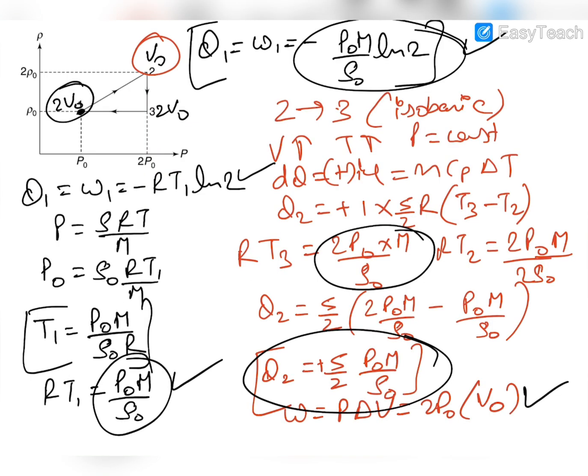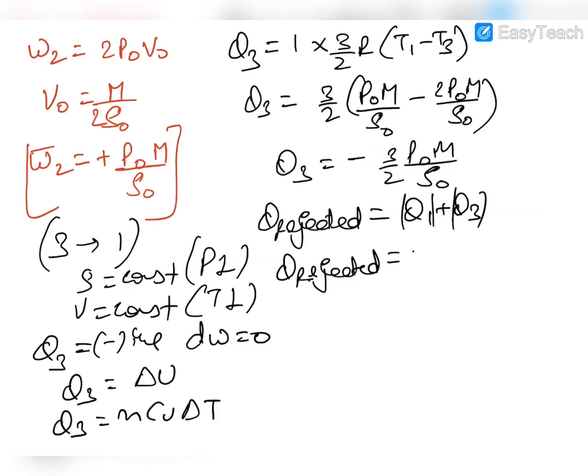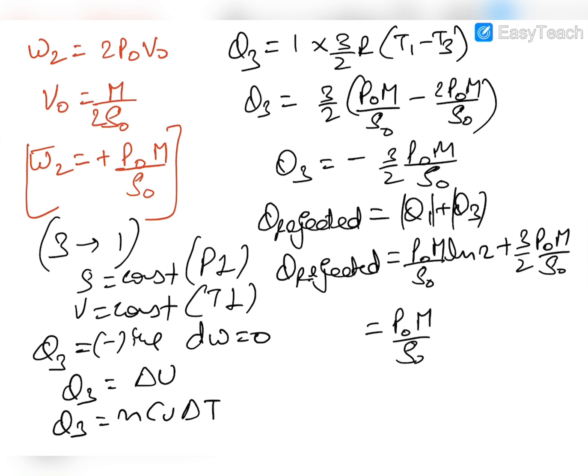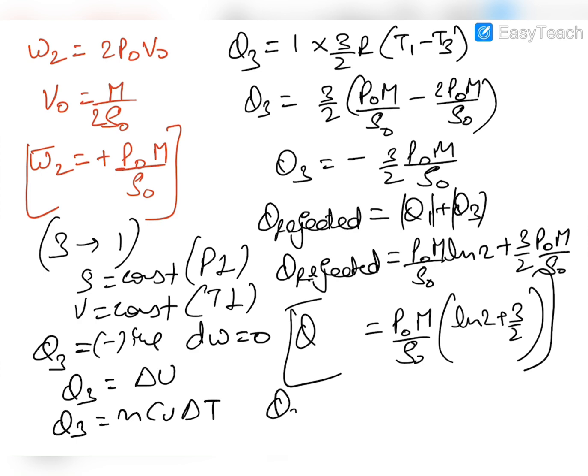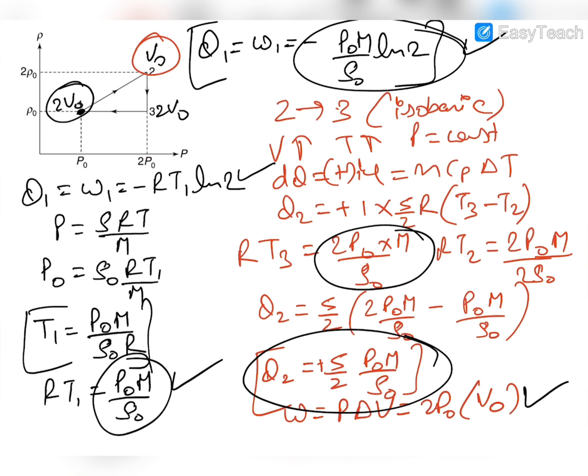So Q1 was P naught M by rho naught ln 2, plus Q3 is 3 by 2 P naught M by rho naught. So taking out common P naught M by rho naught, in the bracket it would be ln 2 plus 3 by 2. This is the value of heat rejected, and the heat supplied is the only positive heat in the process, which was in process 2 to 3. So it would be 5 by 2 P naught M by rho naught.